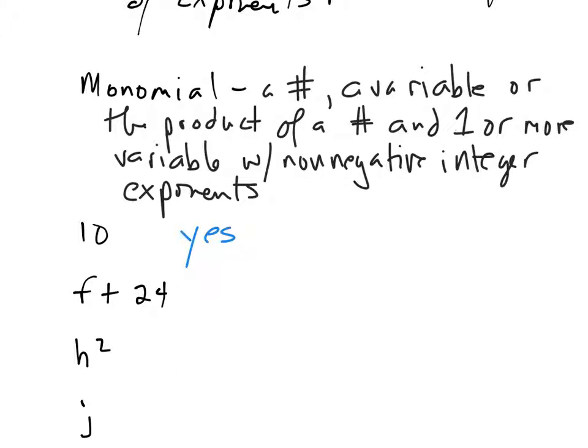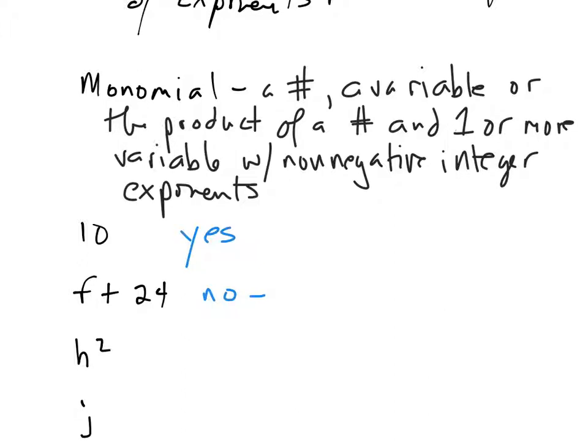F plus 24. Is that a monomial? No. It is not. Why isn't it? What is it that's making it not a monomial?